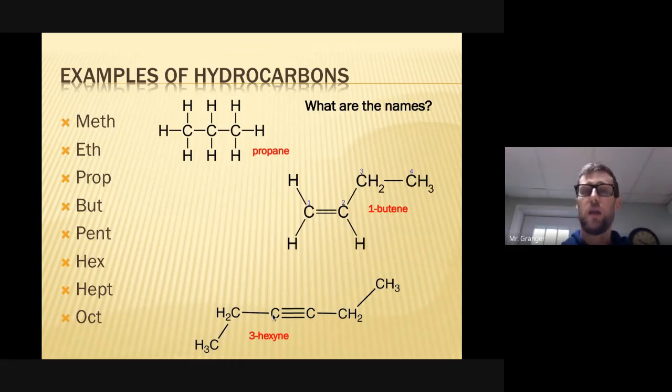In this case, because the triple bond is in the middle, it doesn't matter if we count from the left end or the right end, we're still going to come out with the number 3 no matter which direction we count from. And you can pause the video and count on your screen and test that theory for yourself. But this is going to give us 3 for the multiple bond.